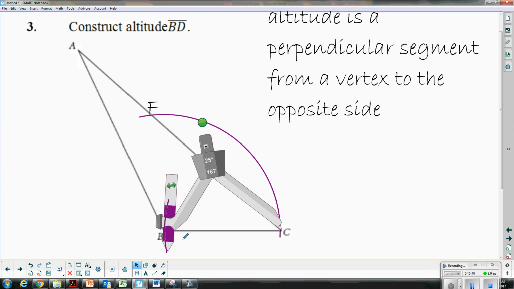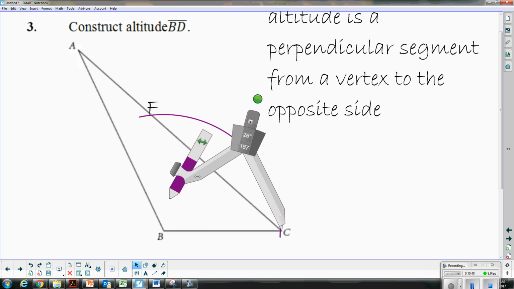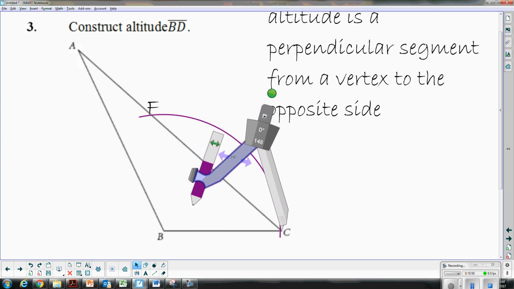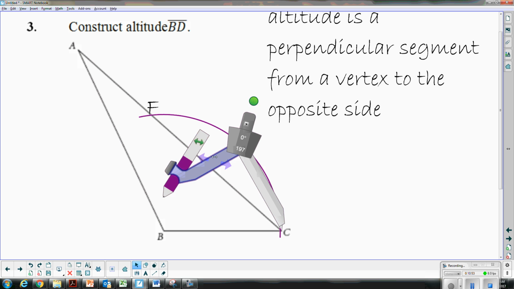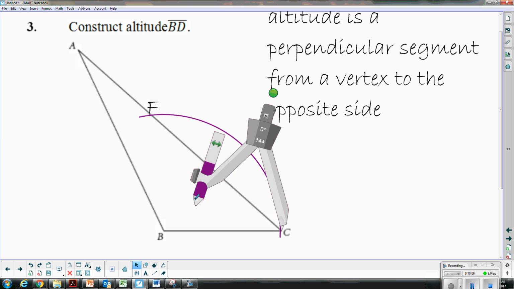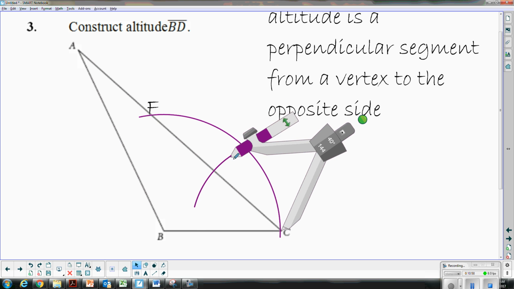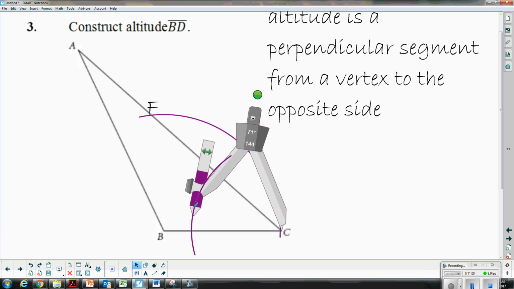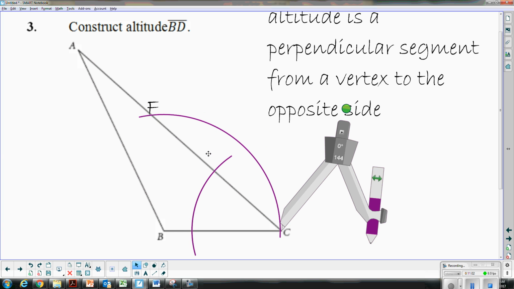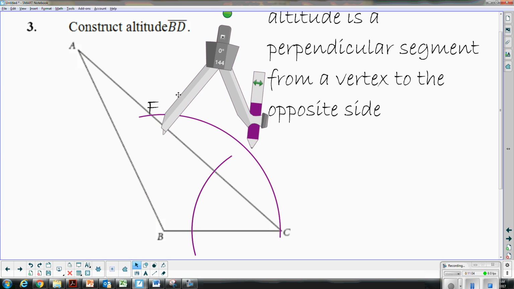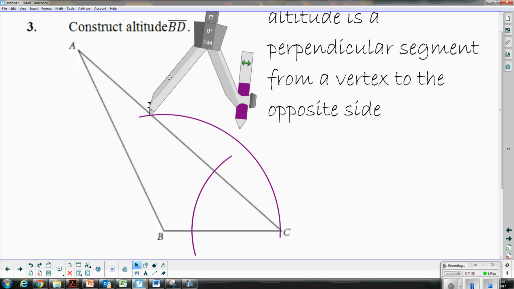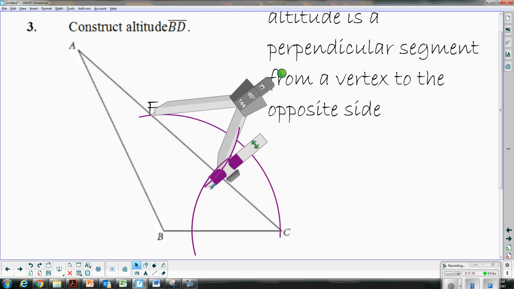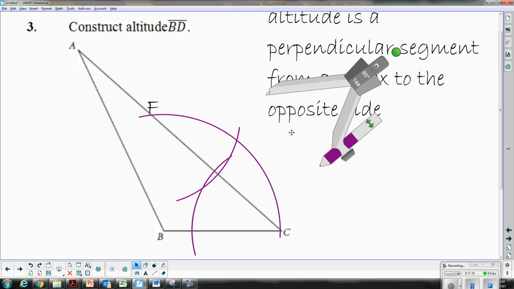And we want any point, and actually that's a little too close. I've got to change my compass settings, but maybe about here. So we're working from the endpoints, and we want a point that's equidistant from C and F. Okay, so right here, well, actually I just made 2 points, but that's all right.